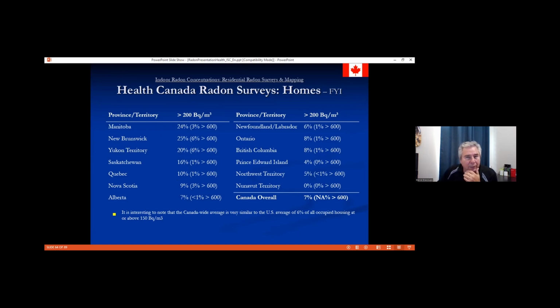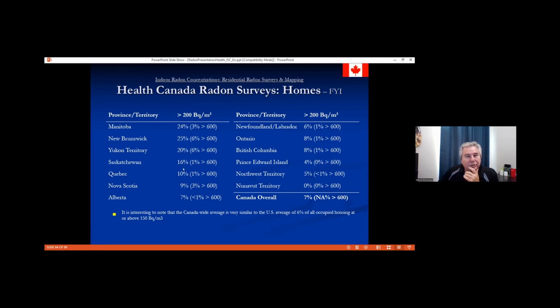Now, we did our own radon measurement project back in 2008, 2009. And Kitigan Zibi is actually not in a radon prone area. So we did measurements in 500 homes, and about 42% of the homes actually showed levels above 200. So again, we're in the province of Quebec.